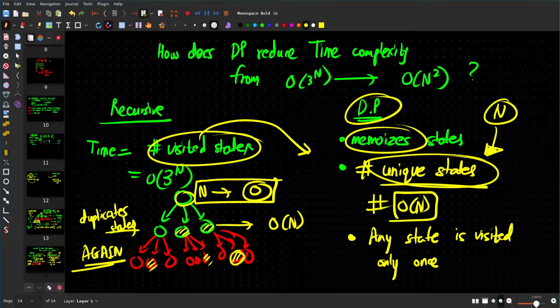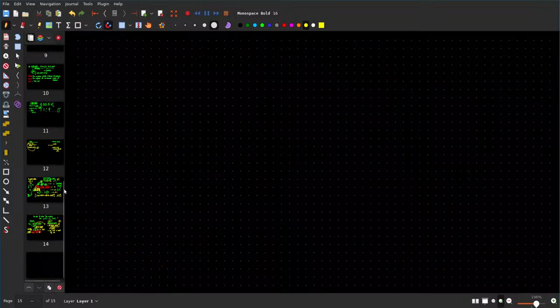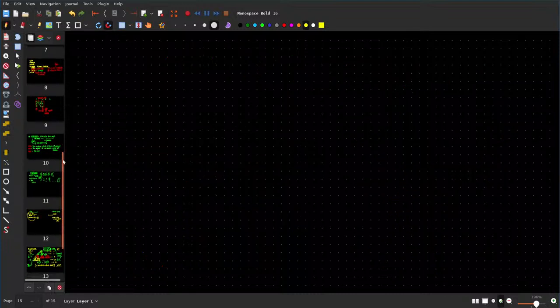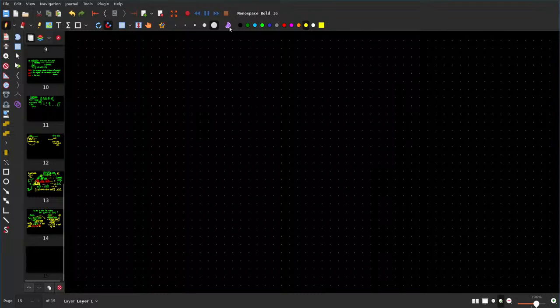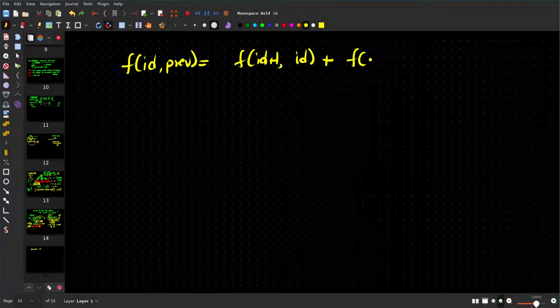Now if you have to transfer this to our problem, the recurrence relation for our problem was this, which was f of id, previous is f of id plus 1, id plus f of id plus 1, previous.